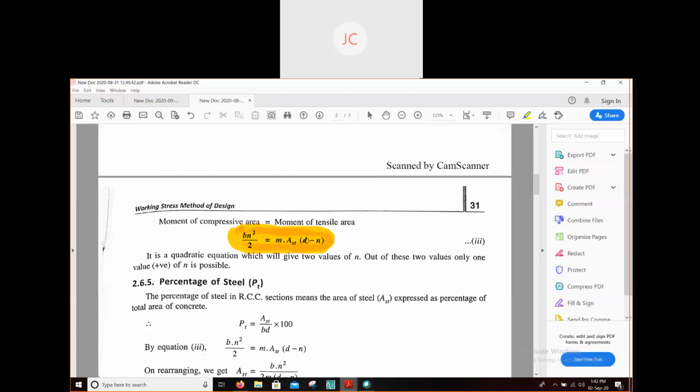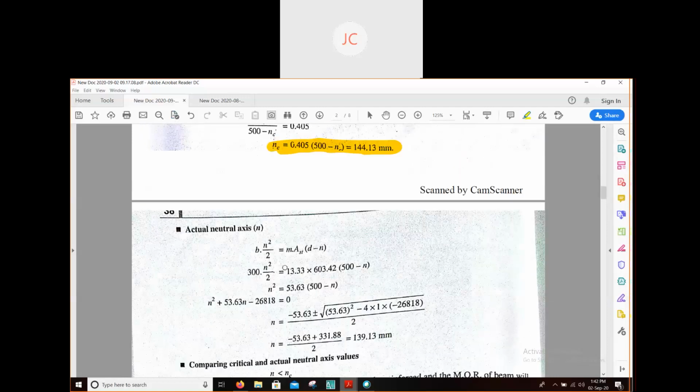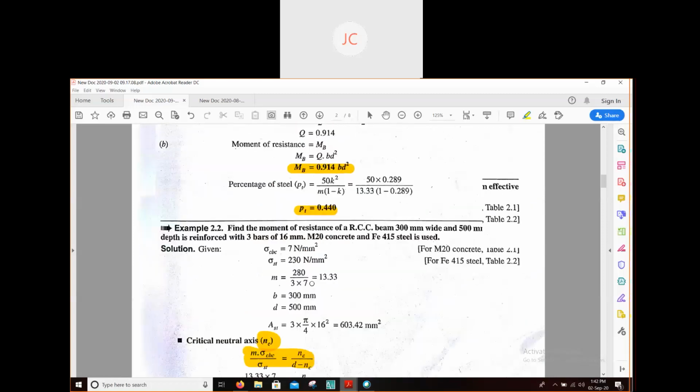We use it to find N, the depth of the actual neutral axis: b n square divided by 2 equals m Ast into d minus n. The value of b, the width of the section, is given as 300 millimeter.